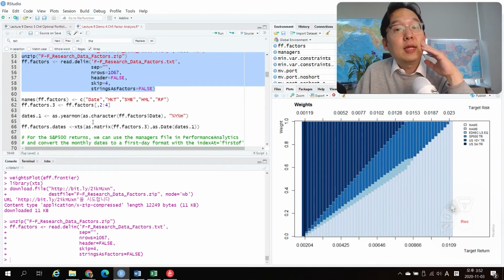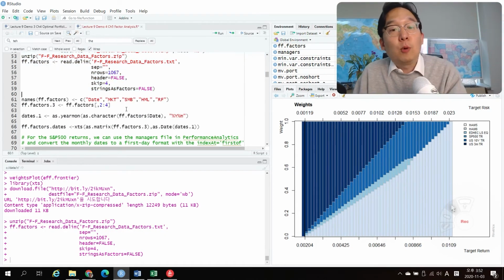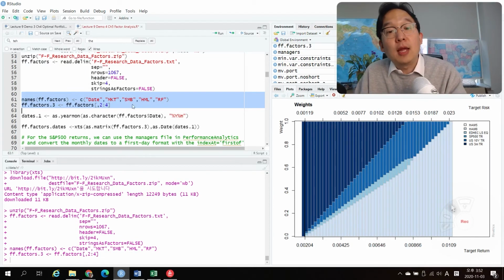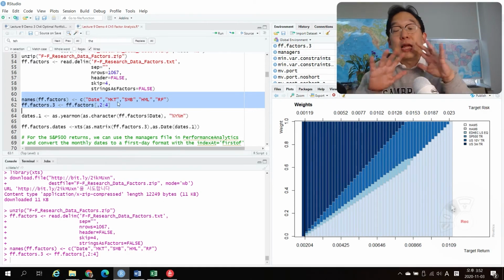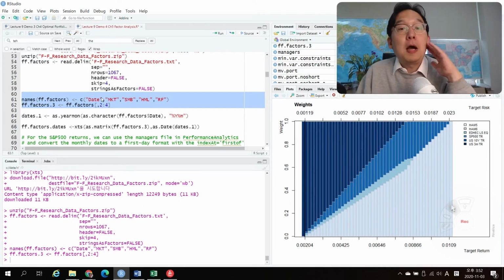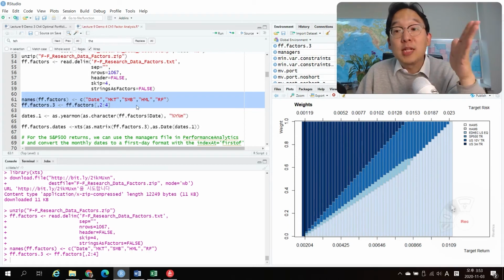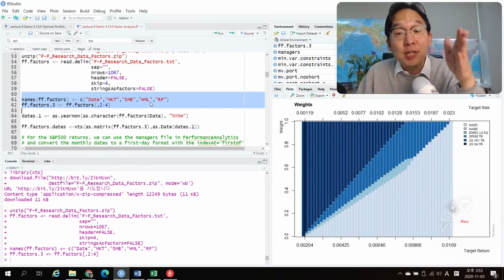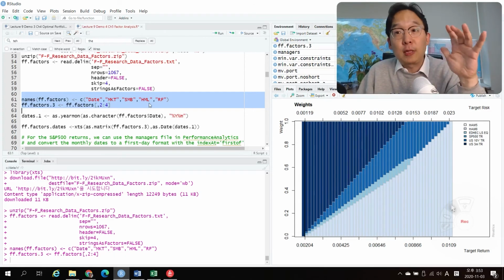Then the names: date, market, SMB, HML, RF. What is that? MKT, market, is based on thousands of different stocks, the average return, a time series. SMB is small minus big, that's the size-based factor. And then HML, high minus low, is the book-to-market factor.